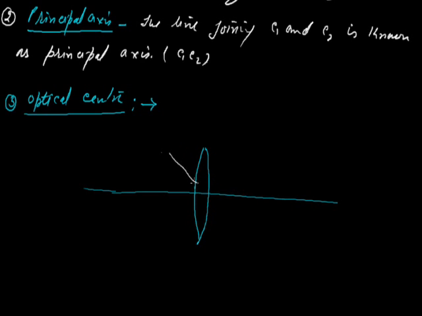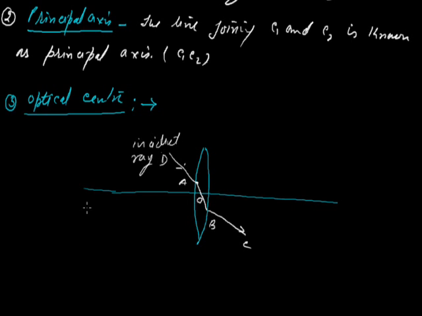Incident ray will refract in this direction, and again it becomes parallel. This point is A, this point is O, this point is B, C and D.